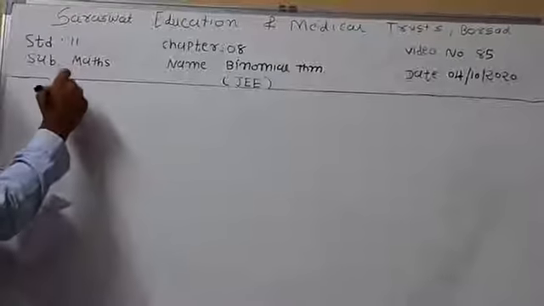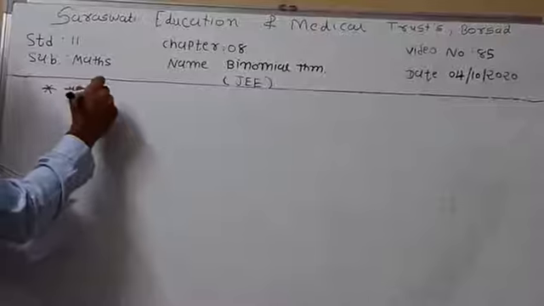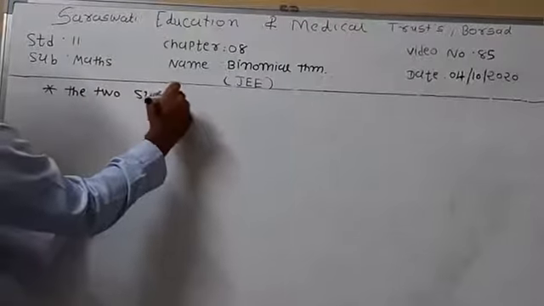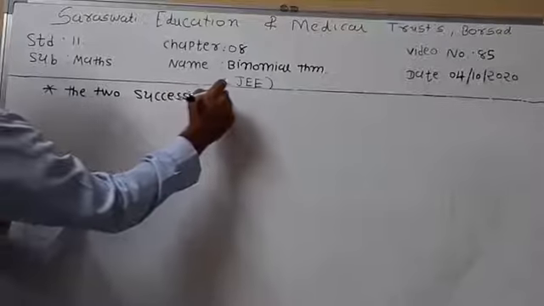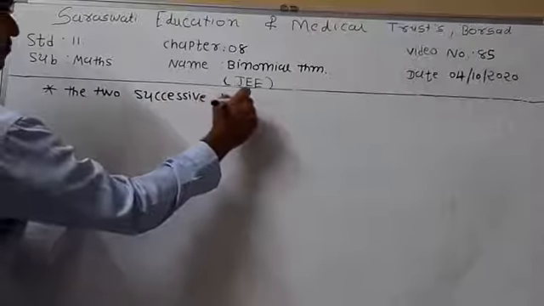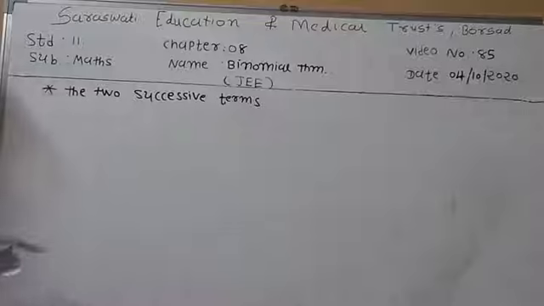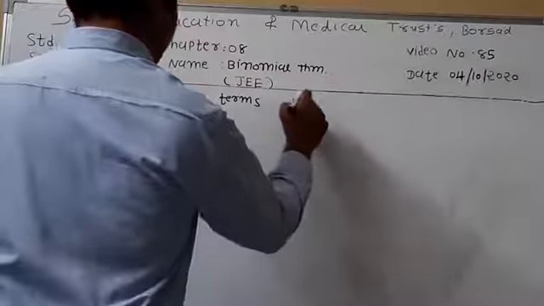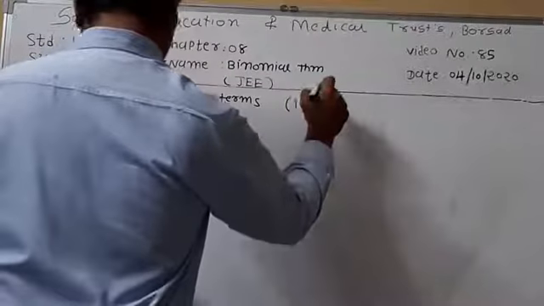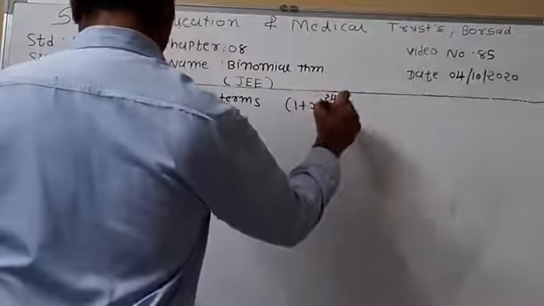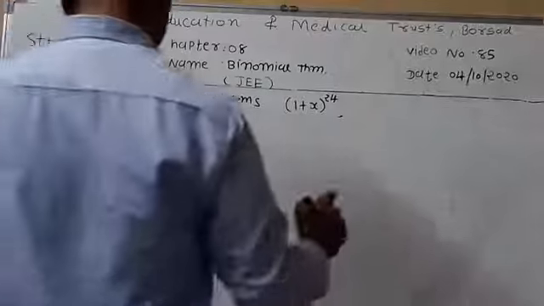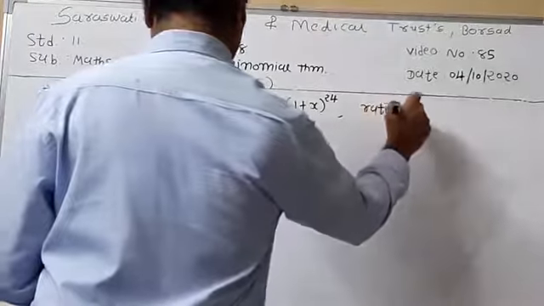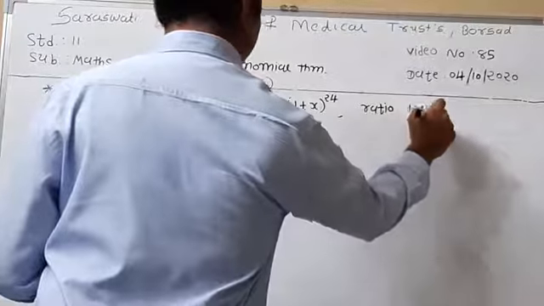The two successive terms in the expansion of (1 plus x) raised to 24, whose coefficients are in the ratio 1:4.